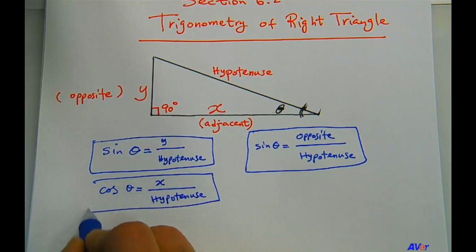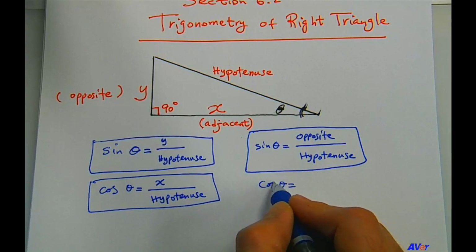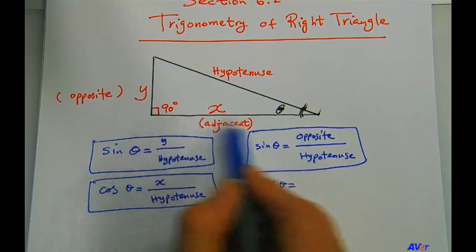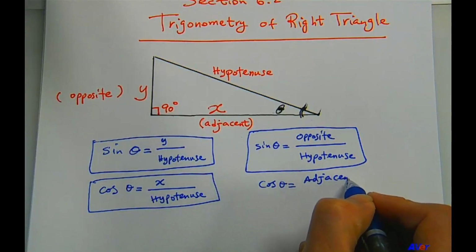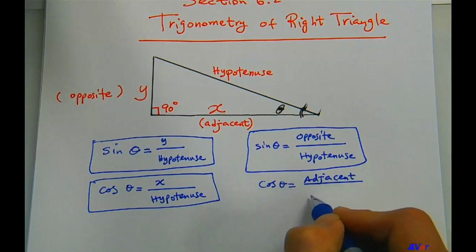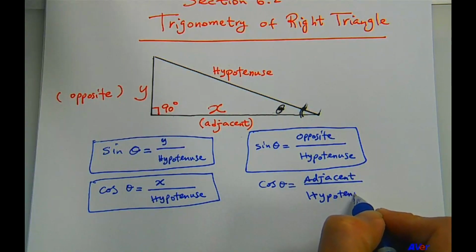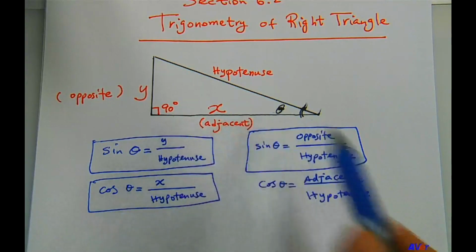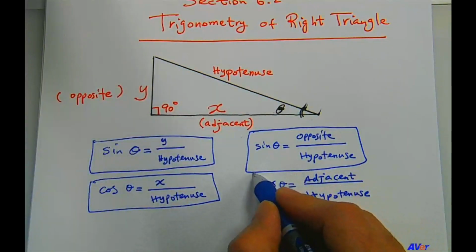We can write it like this, or we can say cosine of theta is equal to the adjacent side divided by the hypotenuse. All right, so the length of the adjacent side divided by the length of the hypotenuse.